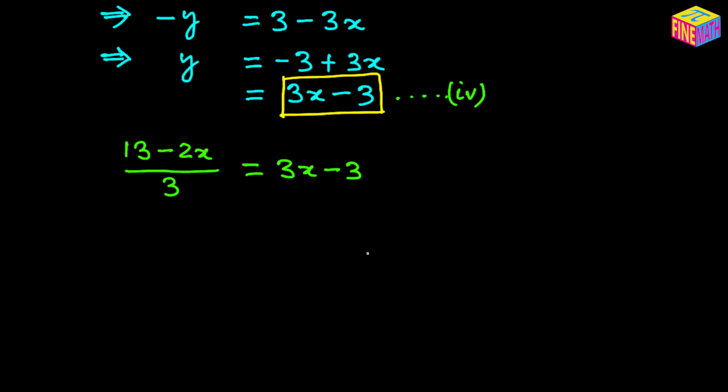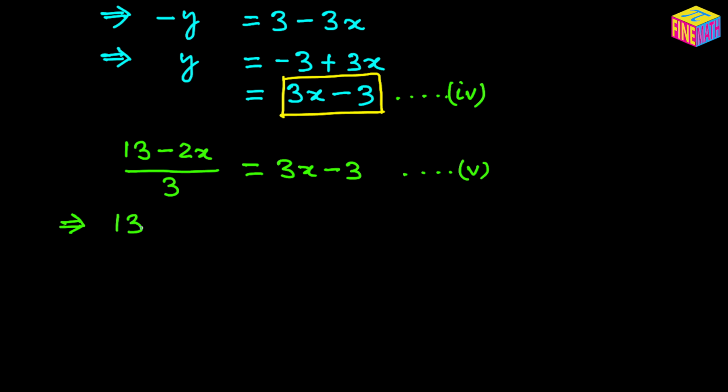Now we are going to solve for x. Let's say this is our new equation number 5. In this new equation you see that we have only one unknown variable, which is x. We don't have the y here anymore, so we can easily solve for x, right? Let's multiply both sides by 3.